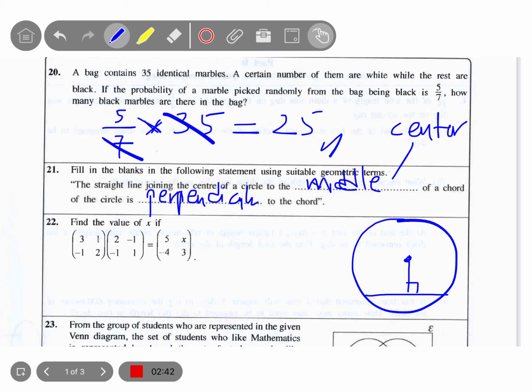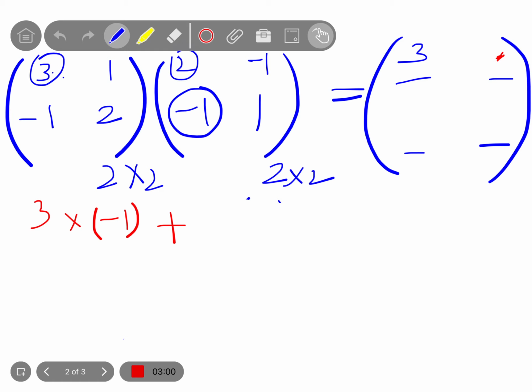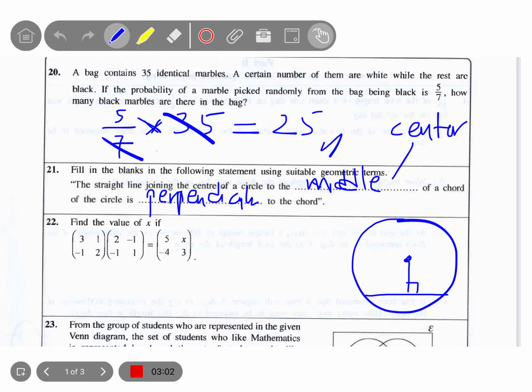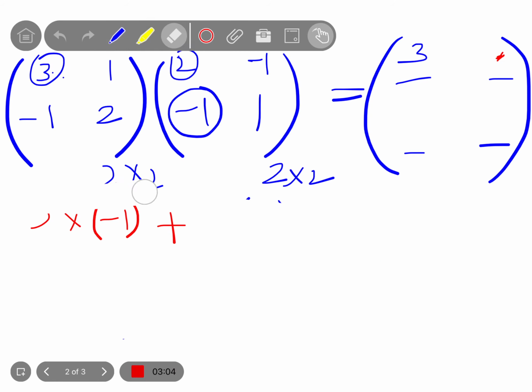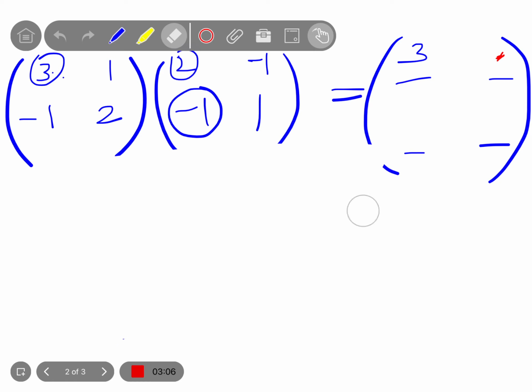Next question. Find the value of x if these are two matrices. So we have to first multiply to see what the value is. So we have 3 1 minus 1 2.